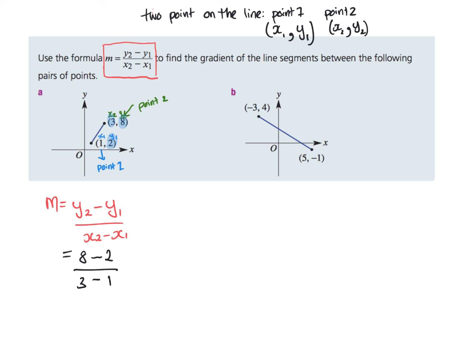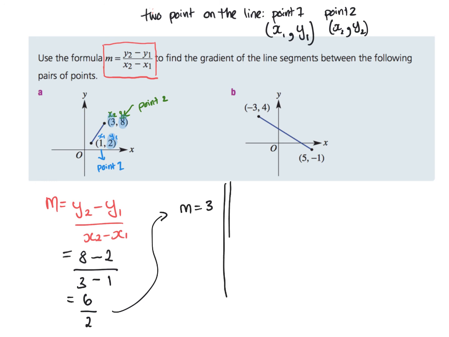Then you simply do that calculation. 8 minus 2 is 6, and 3 minus 1 is 2. We can simplify that and write m equals 3, because 6 divided by 2 is 3.